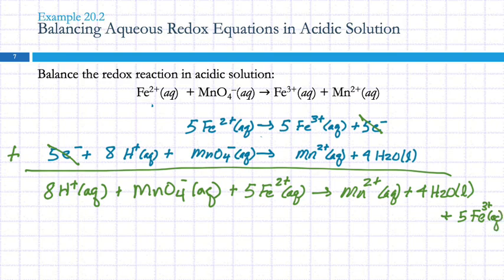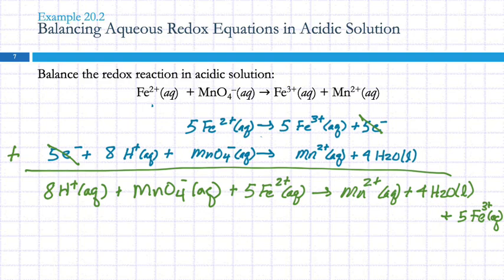That was spectacularly bad planning. You kind of have to double check yourself, because it's easy to forget somebody. Make sure that you've got everybody down, and then check at the end. So I've got 8 hydrogens, and over here 8 hydrogens. 1 manganese, 4 oxygens, 4 oxygens, 5 iron, 5 iron.